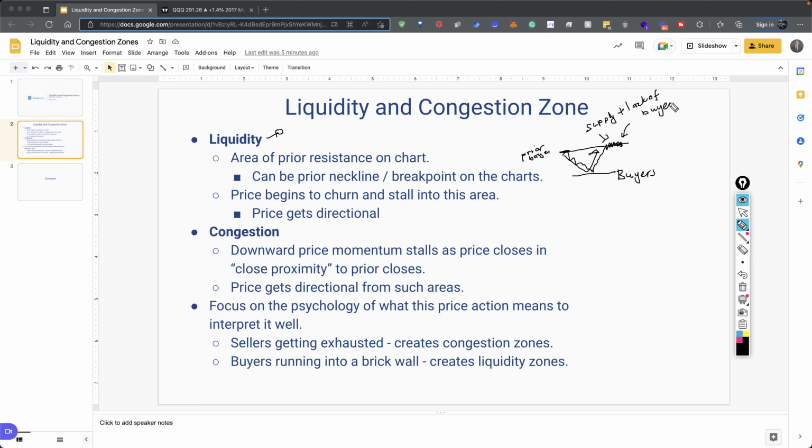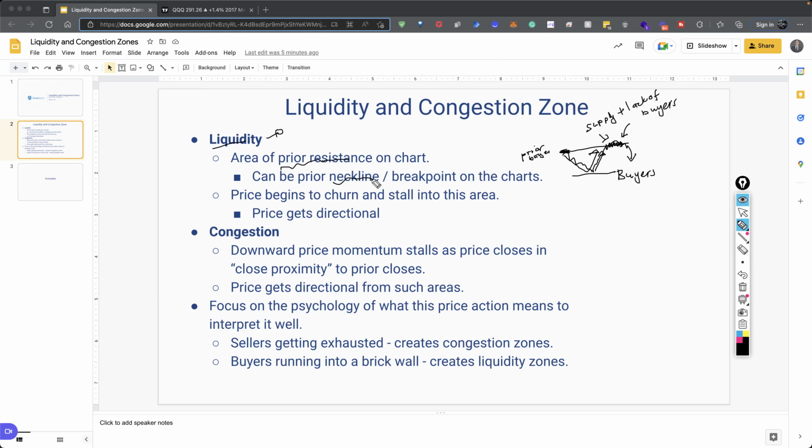There's a lot of overhead supply combined with a lack of buyers. And that lack of buyers usually comes from two things: we've rallied up so much that nobody wants to buy it, and these prior buyers don't have an appetite for buying, they just want to get out, and we see a rollover of price. So liquidity is an area of prior resistance on the chart.